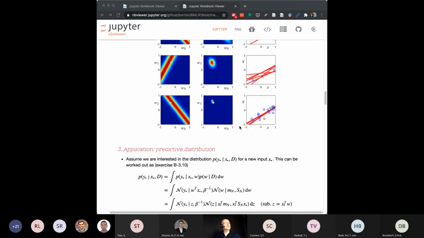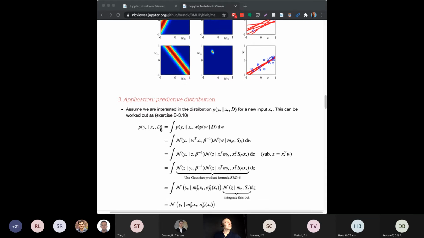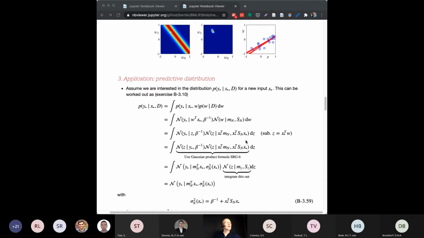I come up with a posterior, and then I integrate that posterior away. I'm averaging over all possible values for w, and I weigh each possible value by its probability. This is actually a much more accurate way of doing a prediction for y.